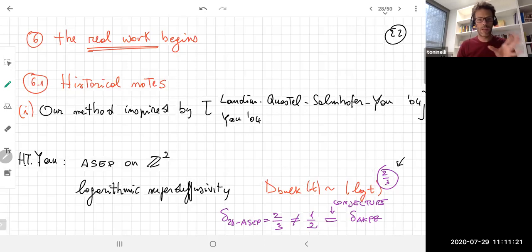If you apply to that case the same heuristics we use to get the 1/2, which was done by Spohn long ago, you get the 2/3. So the same heuristics give two different exponents in the two cases. It's not that we're using a different argument and maybe missing something.